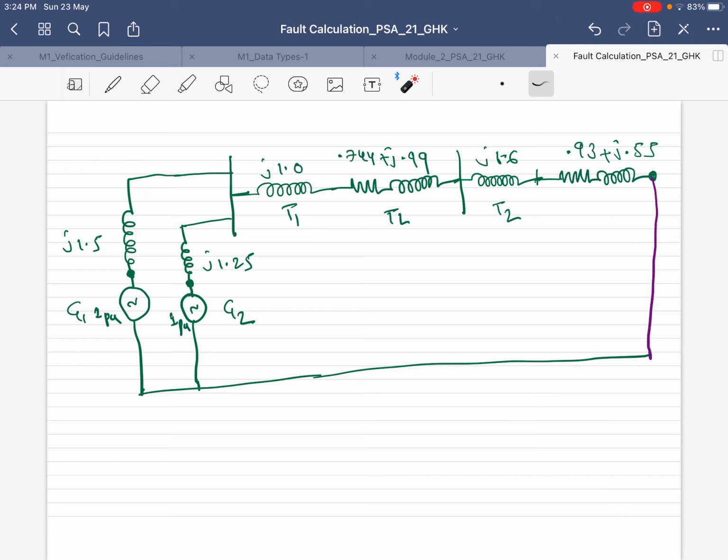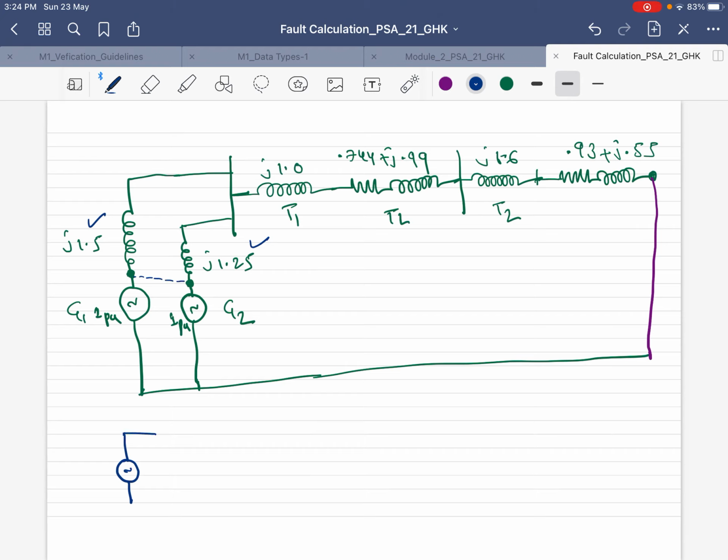Therefore, what I am doing here is replacing this. Then what I am getting here is this particular diagram. That is, I am making a single source. Then these two impedances, j1.5 and j1.25, come in parallel with the bus.